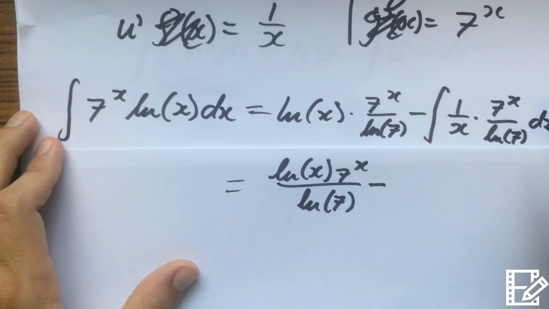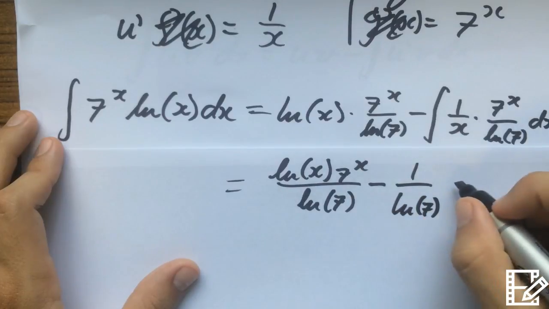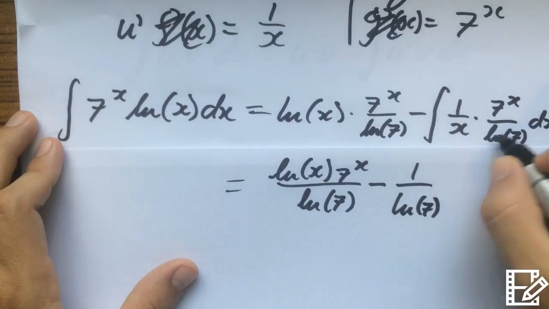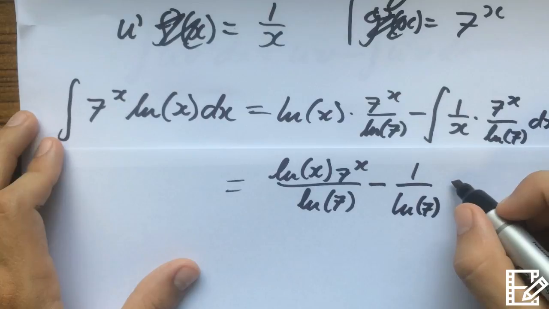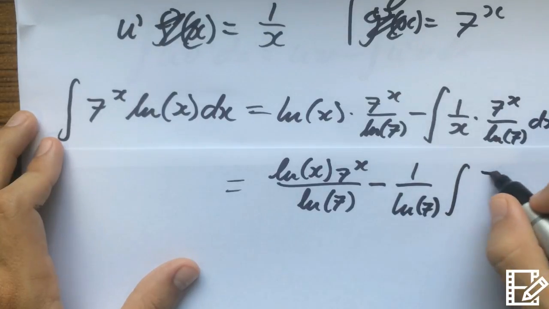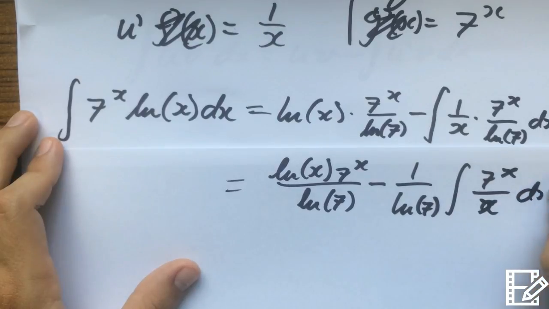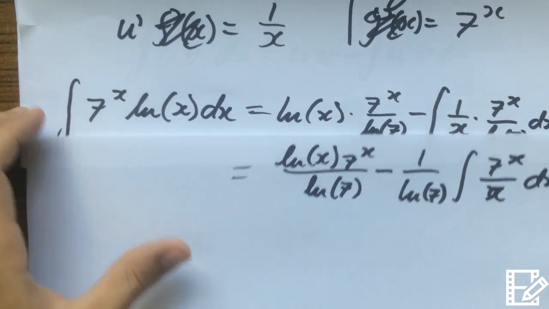If 1 over ln of 7 is a number, which it is, multiplication by constants means we can bring it out the front. And therefore, 7 to the power of x would be on its own. We're just taking this out the front. But we can multiply 7 to the power of x onto the x, and it will look like such. 7 to the power of x on x, because I just moved it across. Okay.